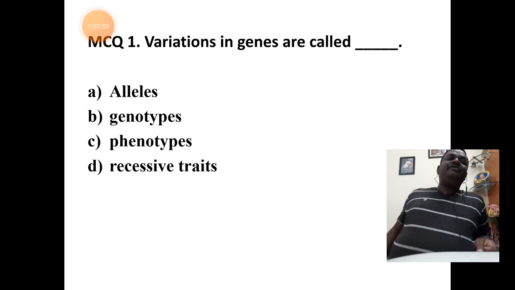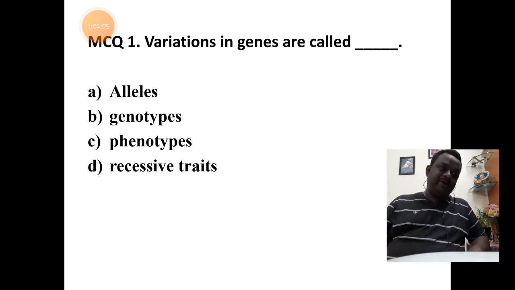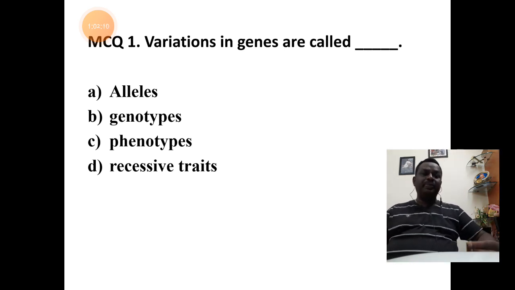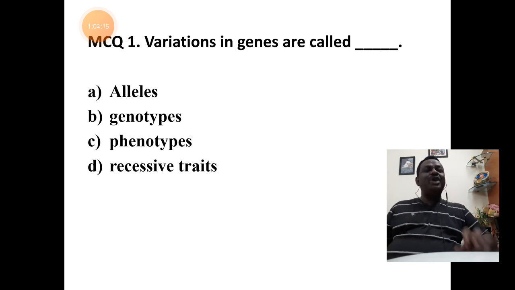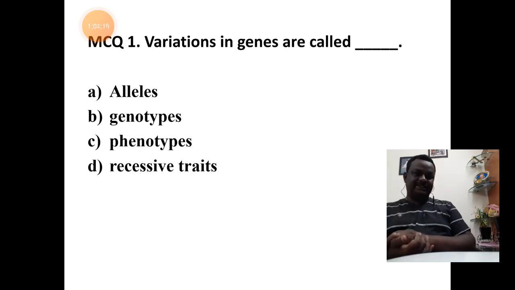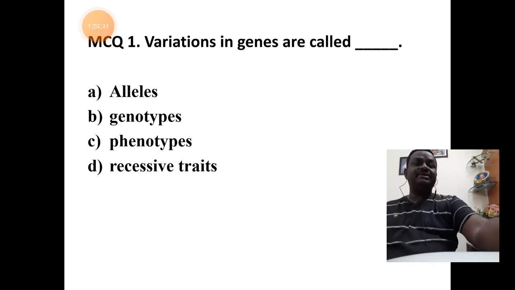Well, students, after understanding the concept of population genetics under Neo-Darwinism, now we shall look into the MCQs. So variations of genes, alternative forms of genes, is nothing but alleles.